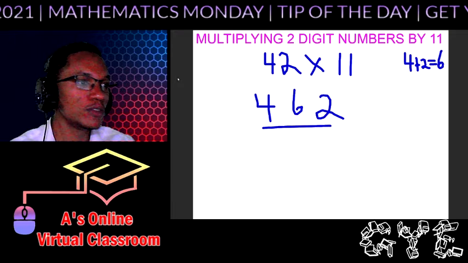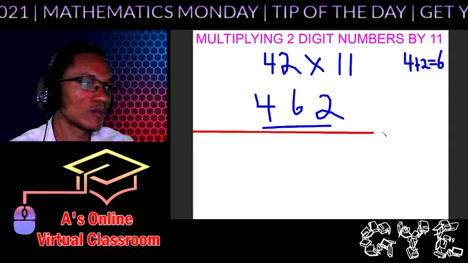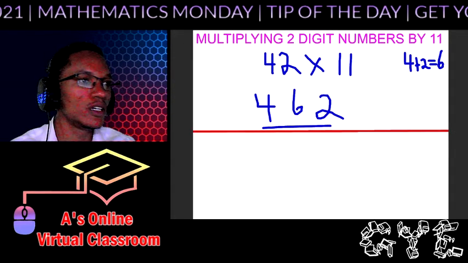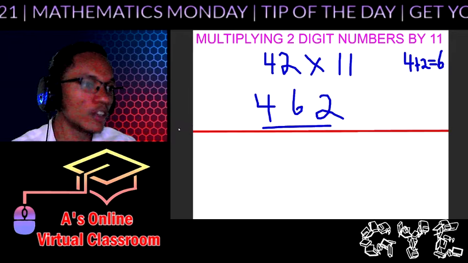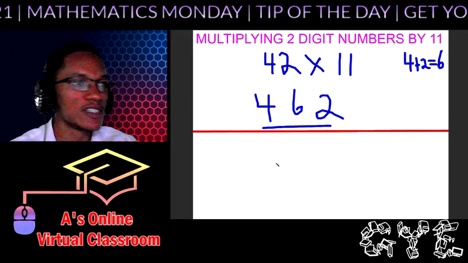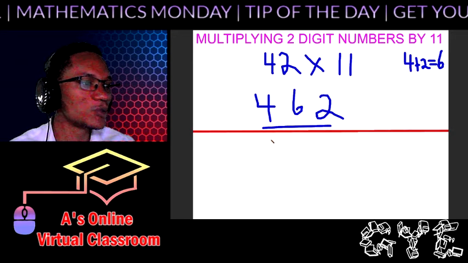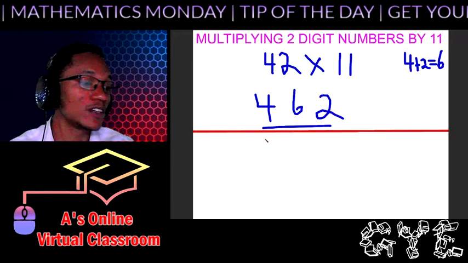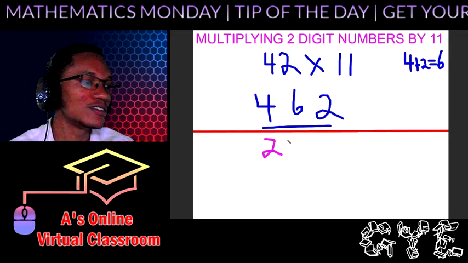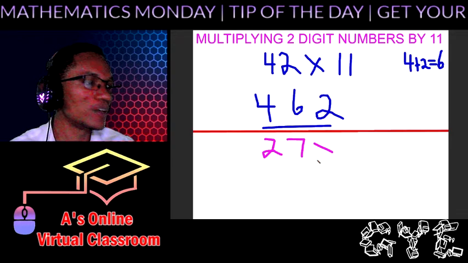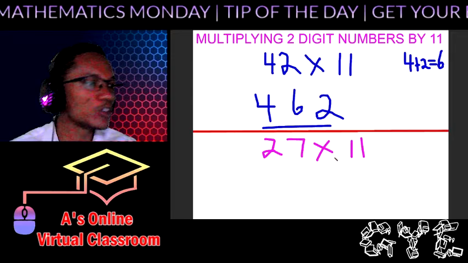Let's look at another one. Somebody give me another number. I'm hearing 27 multiplied by 11. We're going to do the same thing there.